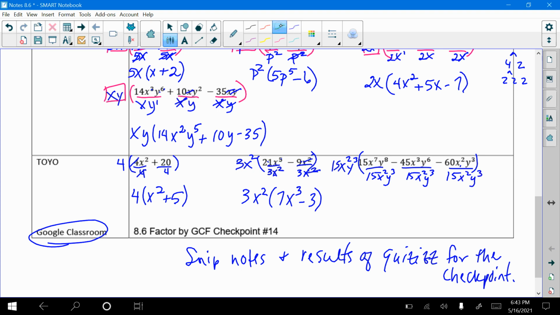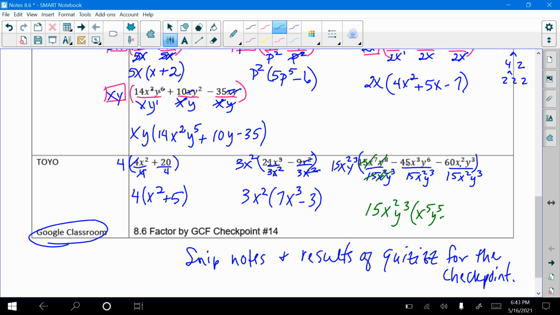Now, as we're going to rewrite this, I've got 15x squared y to the third. Now reduce each fraction. So 15 divided by 15 is 1. I've got x to the fifth left over here, and I've got y to the fifth left over here, because you have 5 more on top.